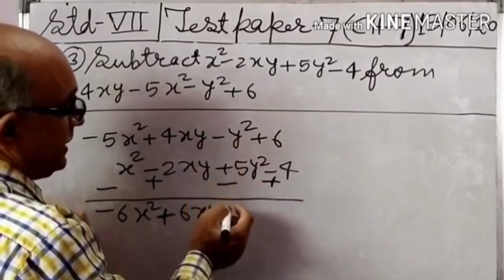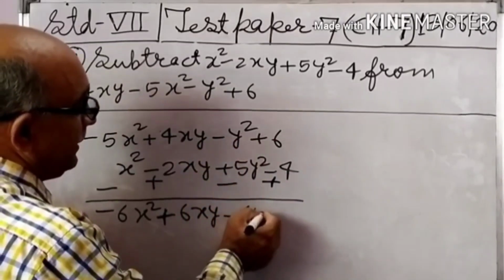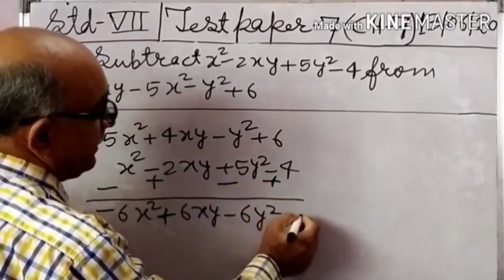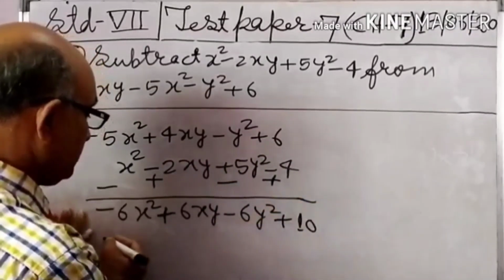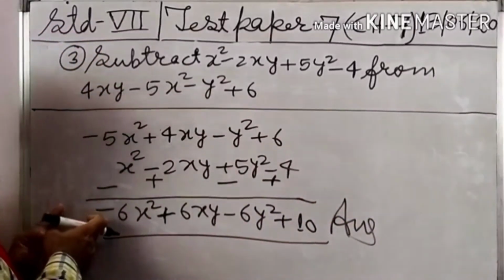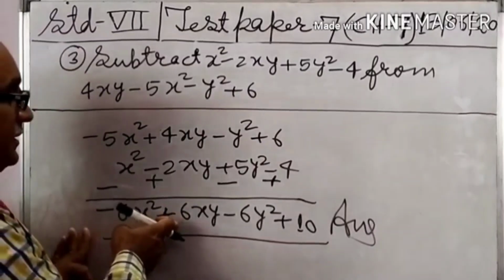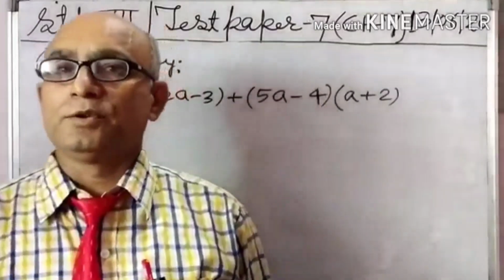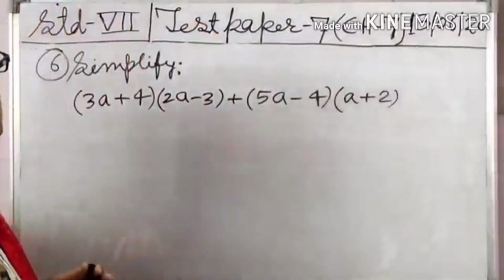Minus y square minus 5y square, so minus 6y square. 6 plus 4 is plus 10. The answer of this question is minus 6x square plus 6xy minus 6y square plus 10. Write it.